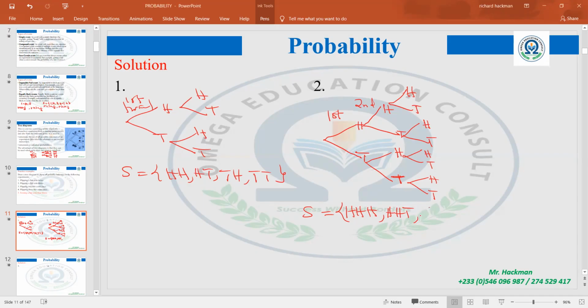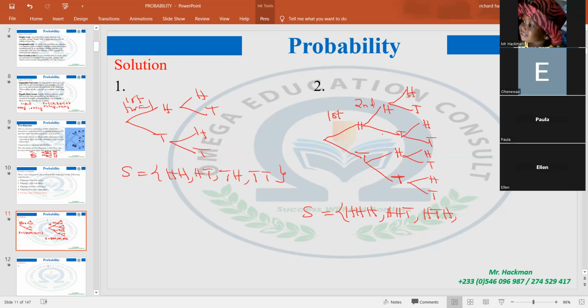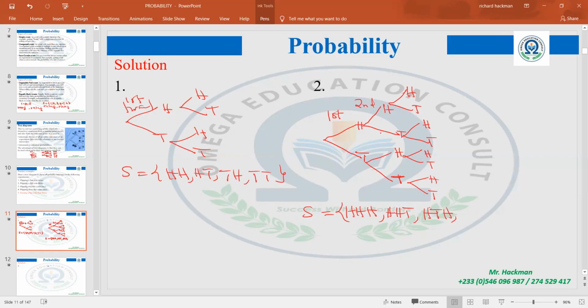Perfect. Regina, let's go. Head, tail, tail. Very good. Okay, all right. Tail, head, head.